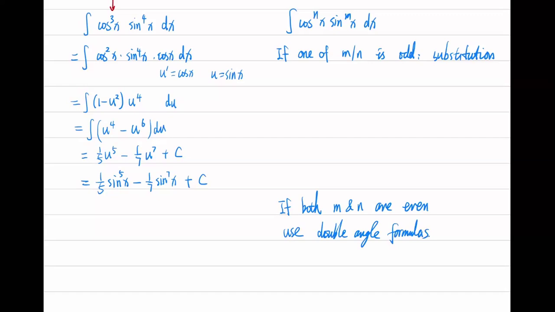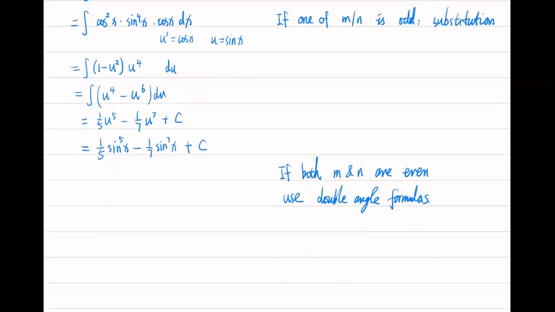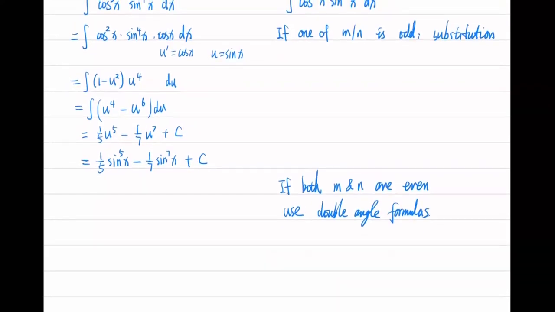And eventually, either the power is low enough that you can integrate directly, or you get one of the new powers being odd.